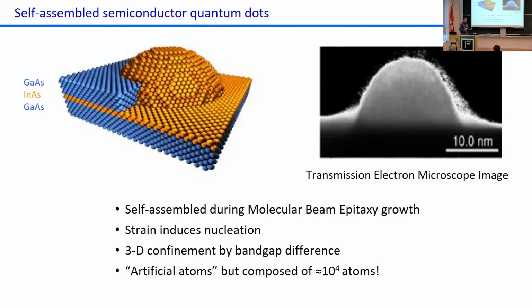These have been described as artificial atoms, but of course they are much more complex than isolated atoms or ions, because they are composed of more than 10^4 atoms, but also they are within a semiconductor system, so they can interact with the environment. But overall, they're shown to be very stable sources of quantum light, which can provide good brightness and coherence in the emission.